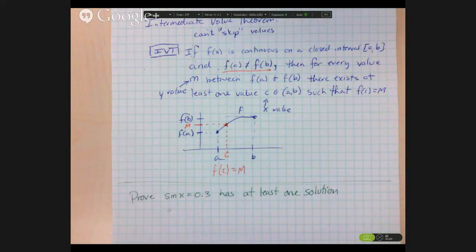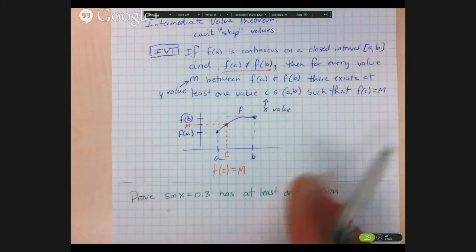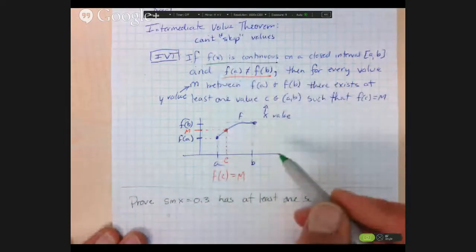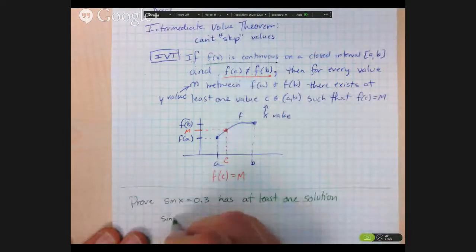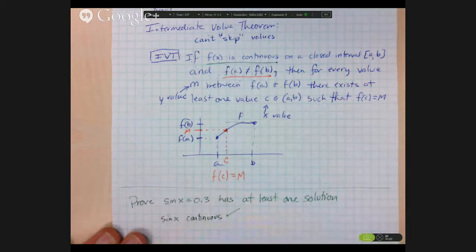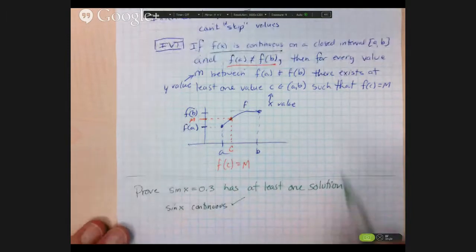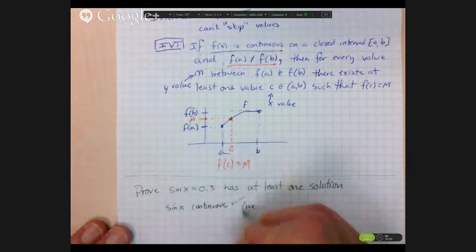We are not looking for the exact number. We just need to prove that it exists. So look at the conditions here. Is sine x continuous? Check. So we can use the intermediate value theorem.